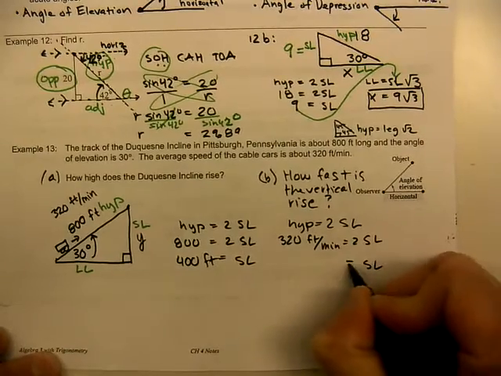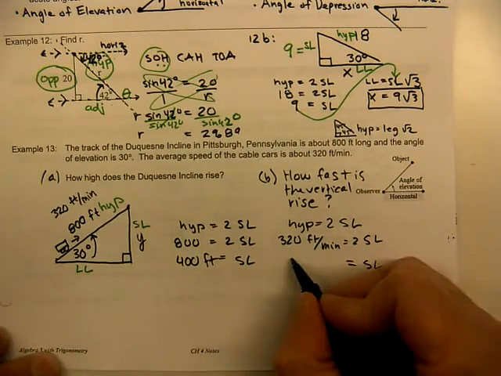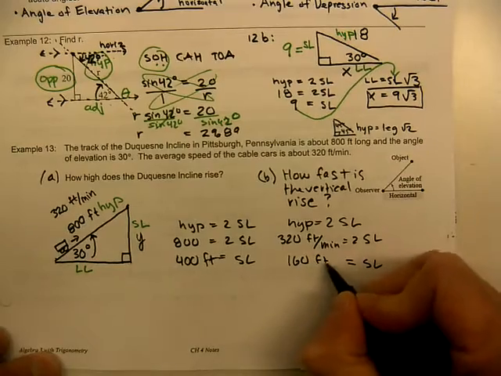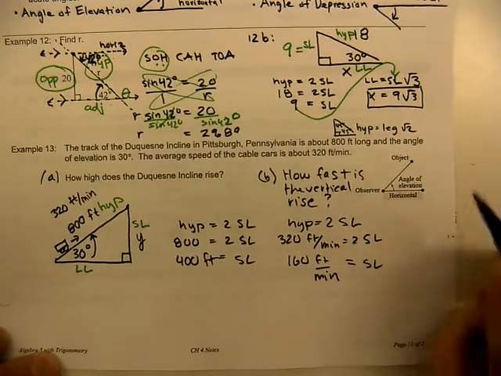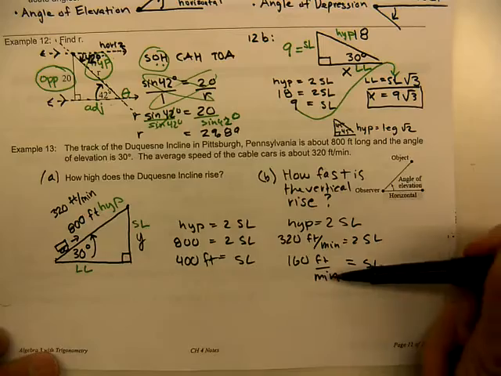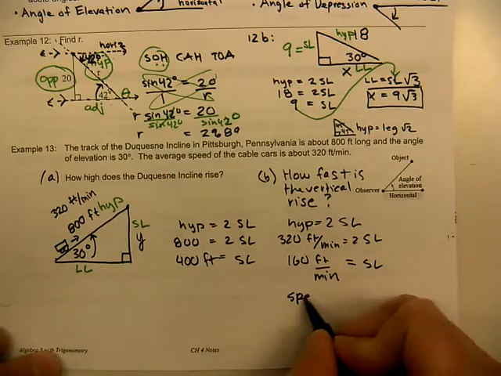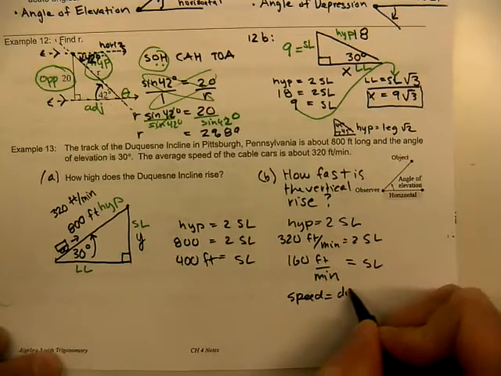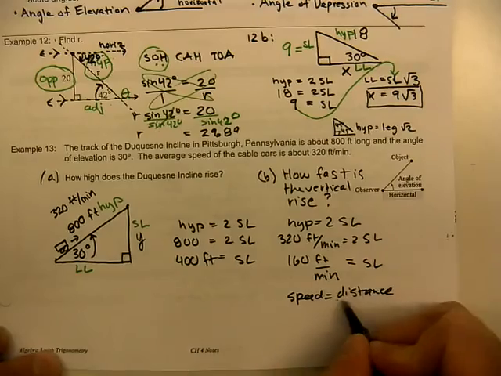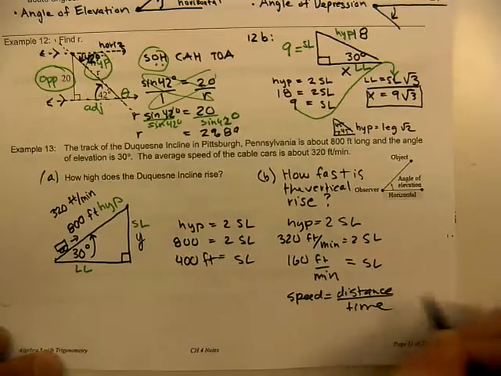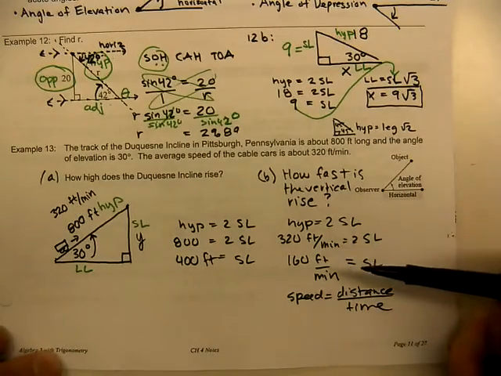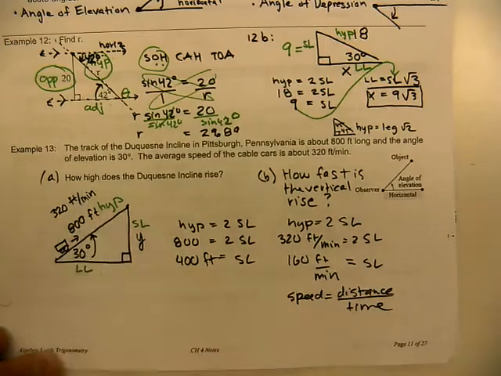So that means my short leg, the vertical side, is going to be 160, and that's feet per minute. Notice this is measuring speed. Distance over time is your speed or your rate. And we just happen to have distance in feet and time in minutes that was provided to us already.